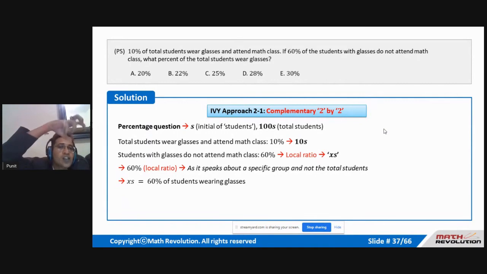So they are from the glasses group. So it's a part of the whole. This is the catch in this particular question. The 60% are not from 100. So if I take the local ratio as XS, where S is the initial of students, we can say that the local ratio was X, and those X are 60%.